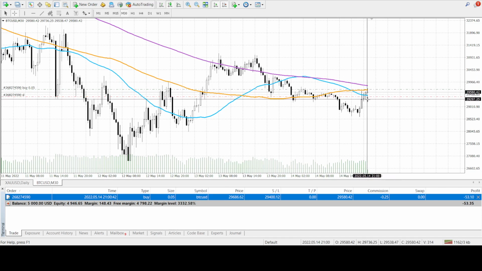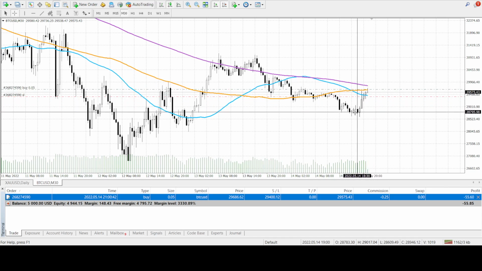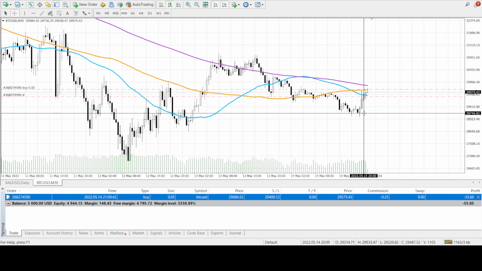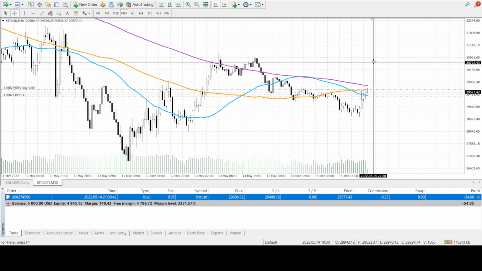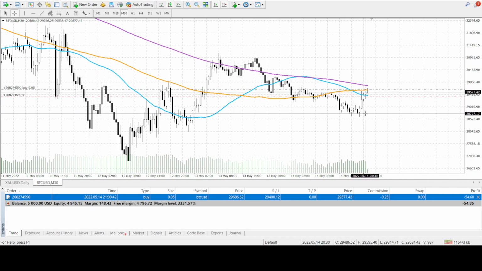Does that mean I'm potentially missing out on the movement difference between what may have been the bottom and where I entered? Sure. But on the flip side, if you enter before you get that confirmation, it could still keep falling.